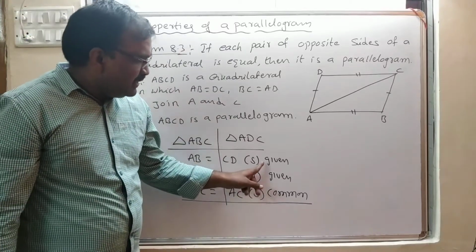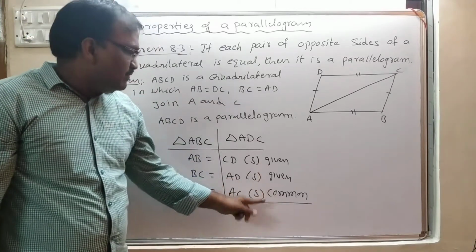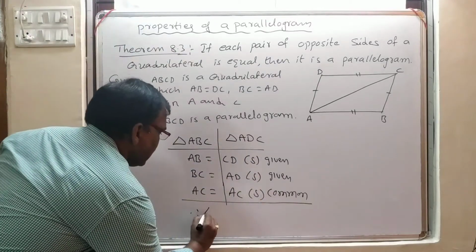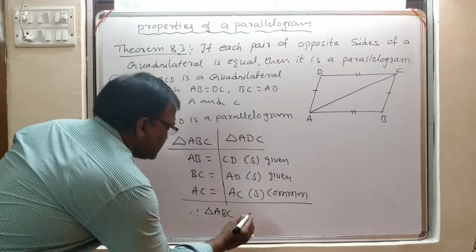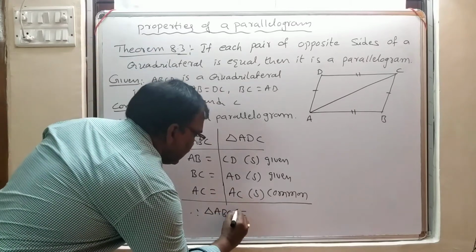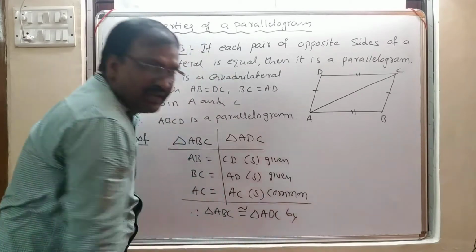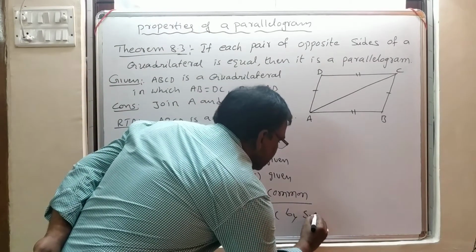So by SSS congruency, these two triangles are congruent. Therefore, triangle ABC is congruent to triangle ADC by SSS rule.